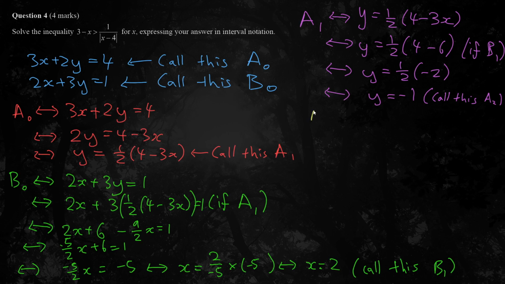So what we've learned is that A0 and B0 is equivalent to the latest version of A, so A2, and the latest version of B, so that would be B1, which is equivalent to, firstly, this.